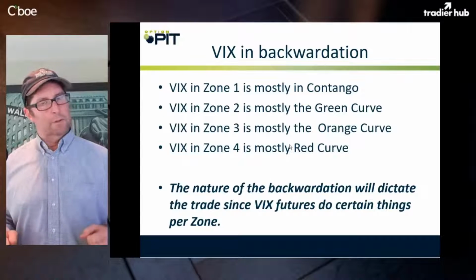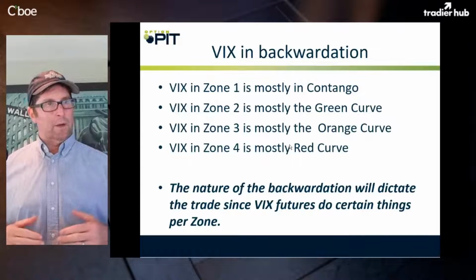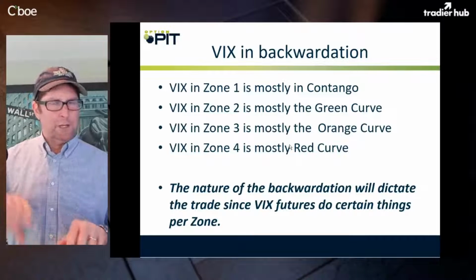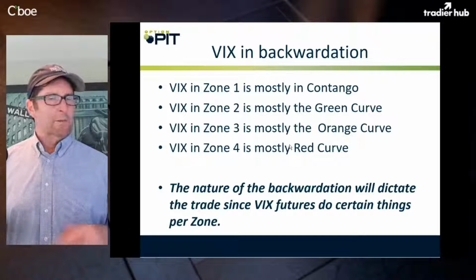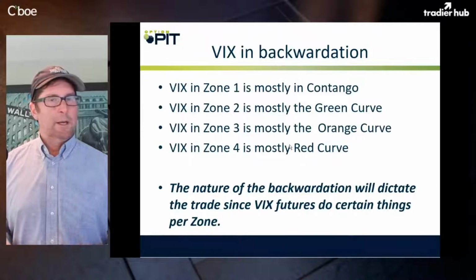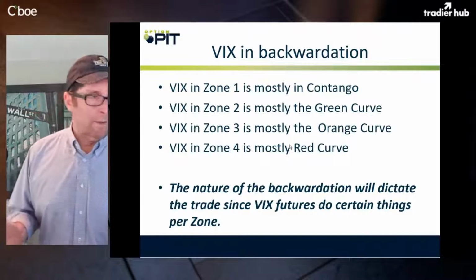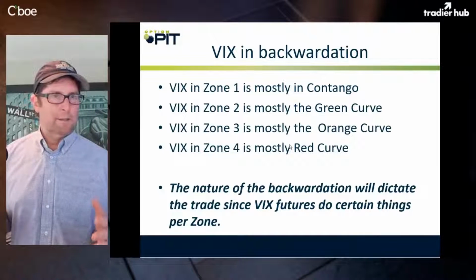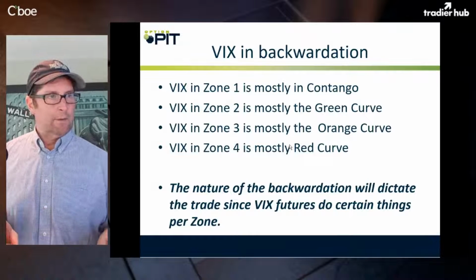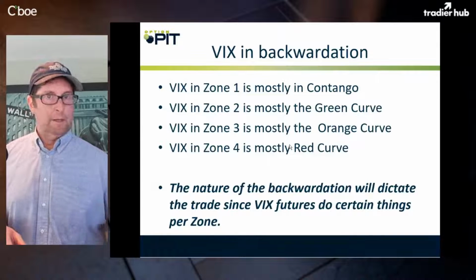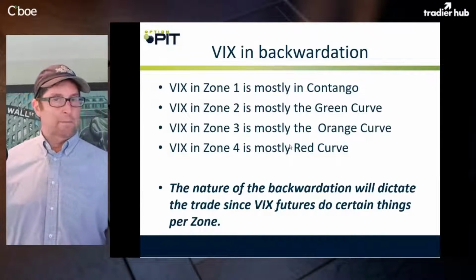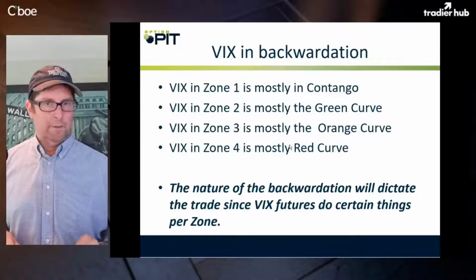Zone 2, the green curve, is when VIX suddenly pops because the market does something, but the shape of the curve doesn't change very much. What you're getting is just short-term vols in SPX popping. Zone 1, where we spend most of our time, 9 to 13, is that contango curve where volatility is very low in the front and higher in the back.